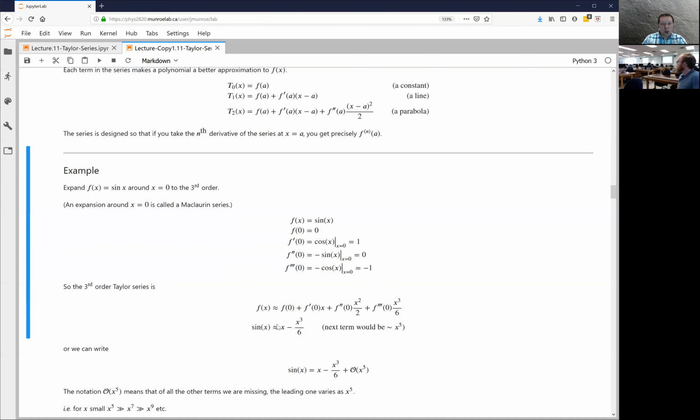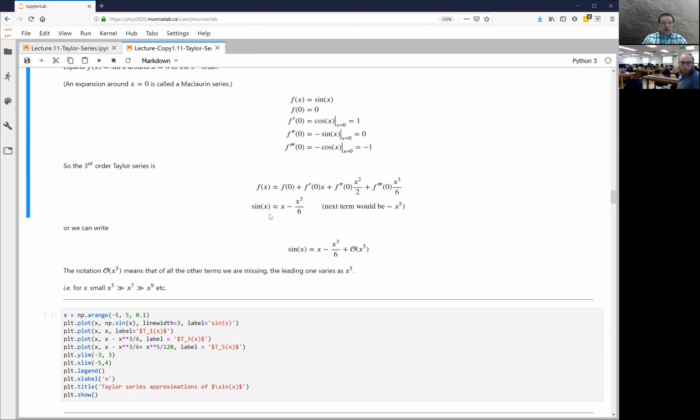But the point is, and this is something that comes from Taylor's theorem, the difference between this exact value on the left and this approximation value on the right is some term which is proportional to x to the fifth. One way of writing that is to say sine of x is equal to x minus x cubed divided by 6 plus stuff, where stuff, the leading order of stuff, is some power of x to the fifth, and then terms that are smaller than that.